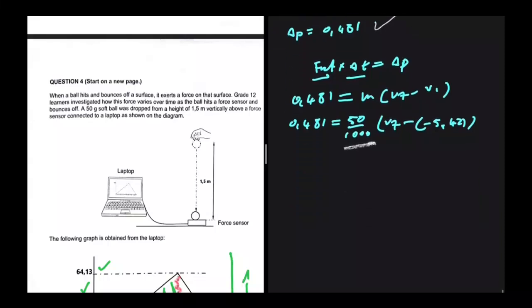If we do that, we're going to get 9.62 being equal to VF plus 5.42. Now we just need to take 5.42 to the left hand side. We're going to get VF being equal to 4.2 meters per second upwards. That is our final velocity.